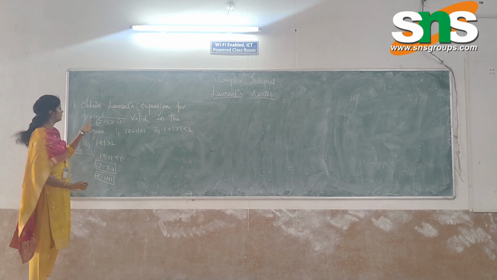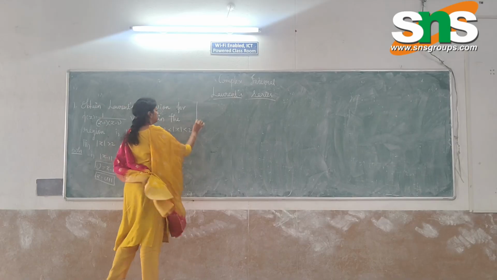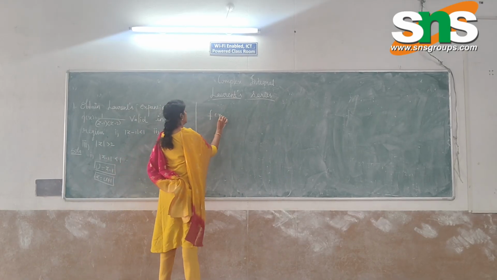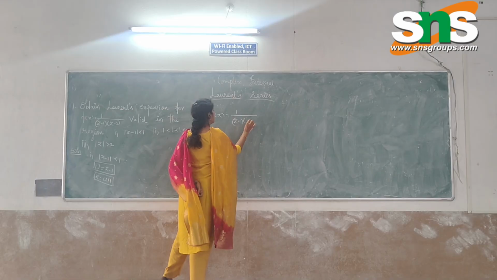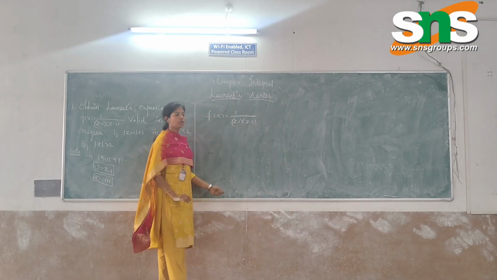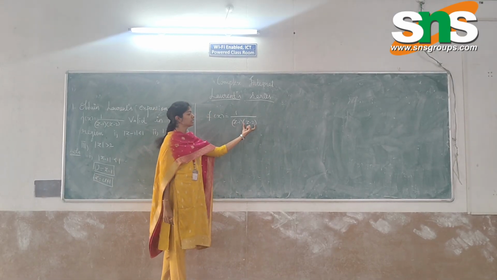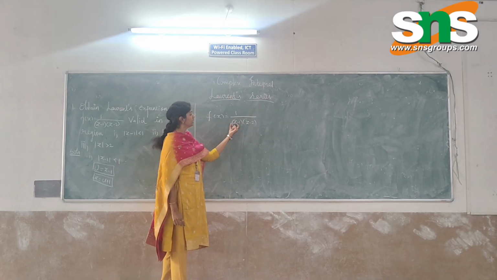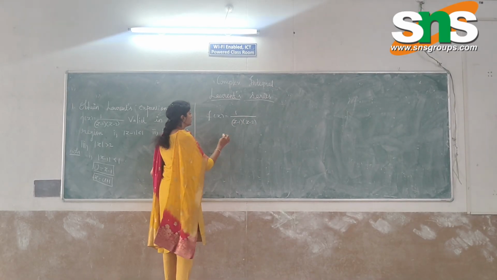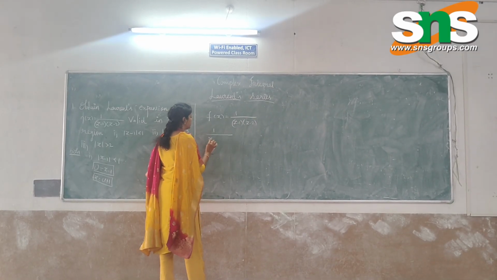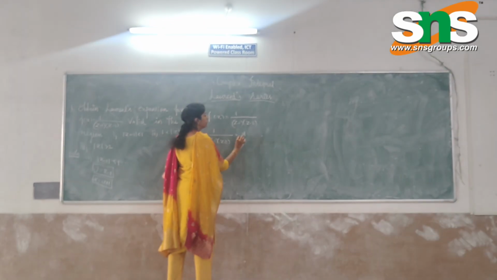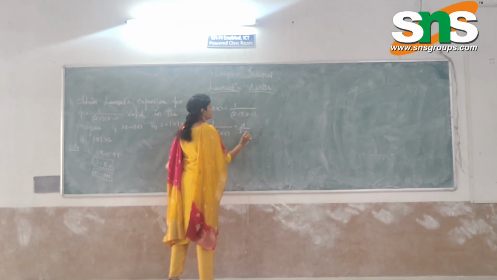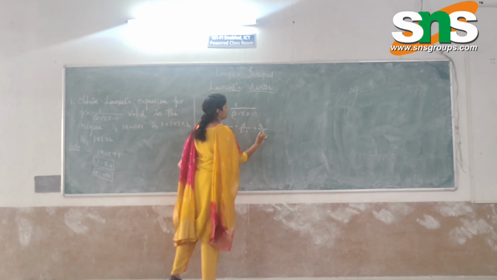Now we have to look into our function. Our function is f of z equal to 1 divided by (z minus 1) into (z minus 2). Always we have to get single terms in the denominator, but here we have a combination of terms. So we have to make this a partial fraction: a by z minus 1 plus b by z minus 2.